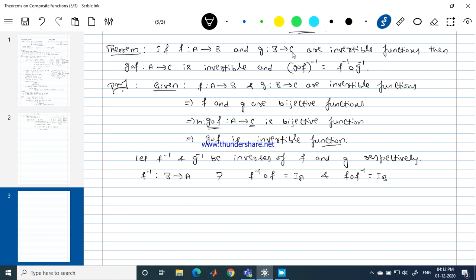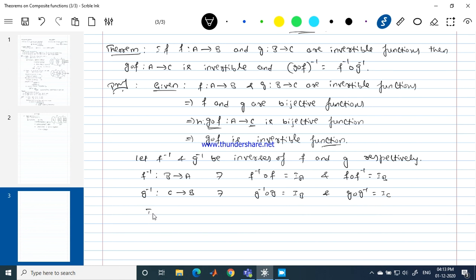And G is a function from B to C, so G inverse is a function from C to B, such that G inverse composition G is equal to, for G the domain is B, so it's an identity function on B, and G composition G inverse is equal to, for G inverse C is the domain, it's an identity function on set C. Okay, we have this.